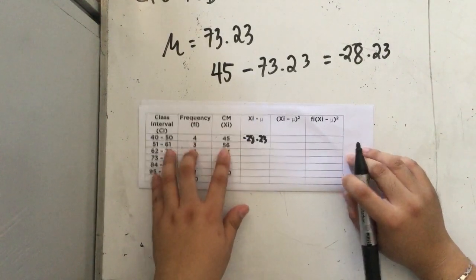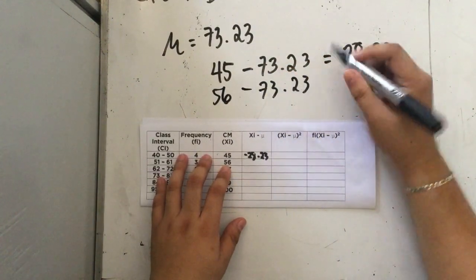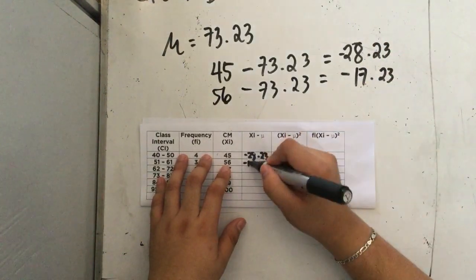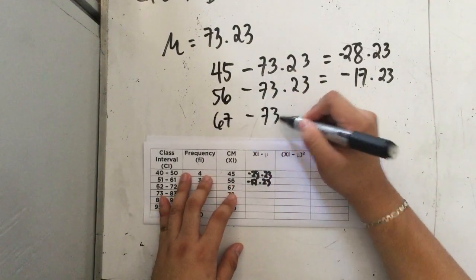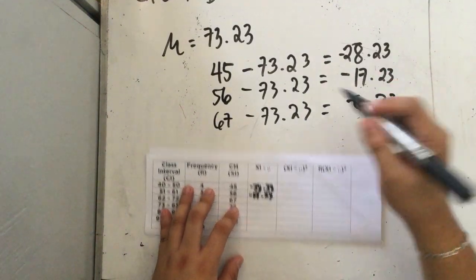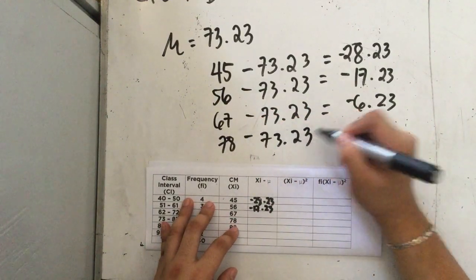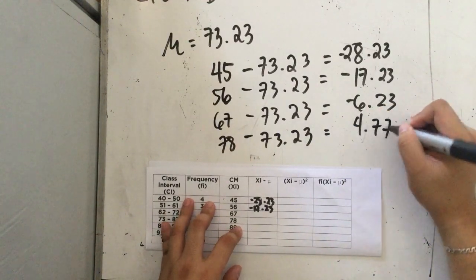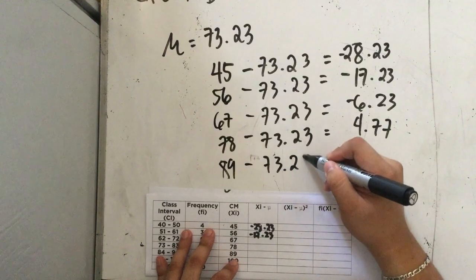So gagawin natin, we have 56 minus 73.23, which is equal to negative 17.23. Then we have 67 minus 73.23. We have negative 6.23. We have 78 minus 73.23. We have 4.77. 89 minus 73.23.